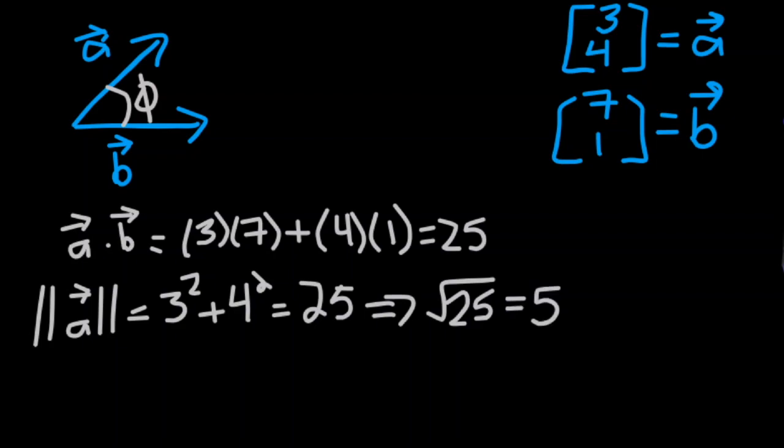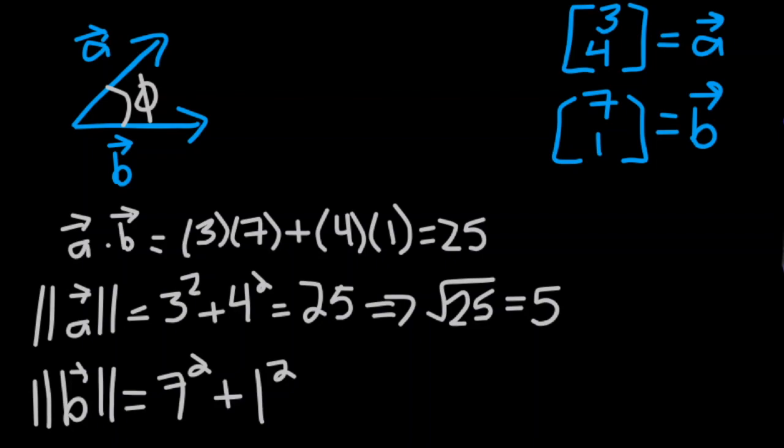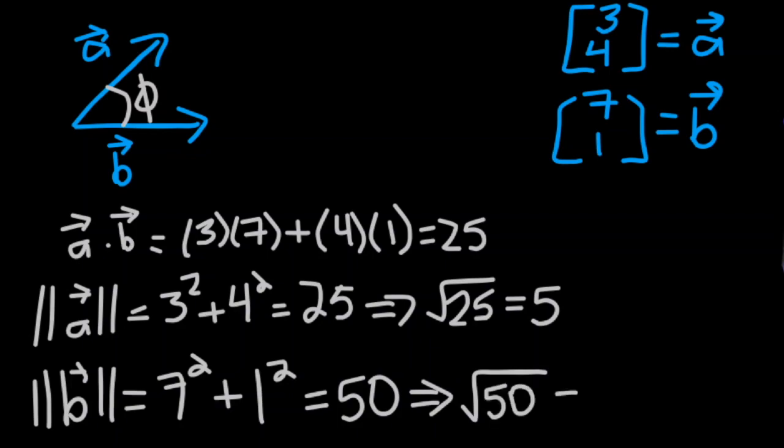We can do the same thing for B, where the magnitude of B will be 7 squared plus 1 squared equals 50. Then, like we did with 25, we have to square root 50, and we get 5 root 2.